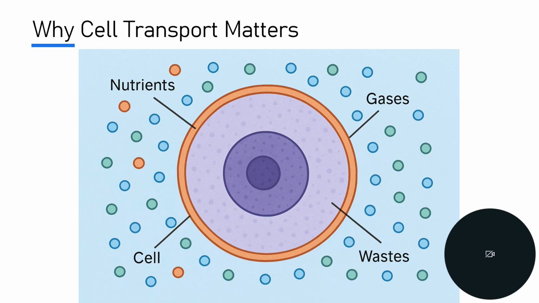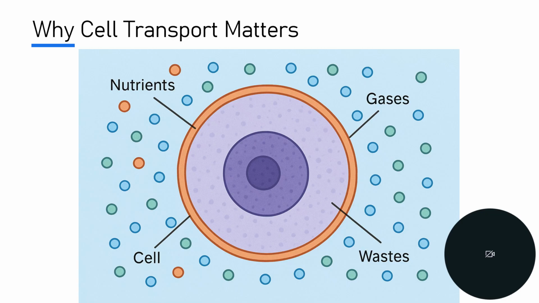In your own body, cell transport is muscle contractions, nerve signaling, nutrient absorption in your digestive system. If anything goes wrong with the diffusion processes here, the effects can be serious, like dehydration, swelling, or even some diseases that happen when transport proteins stop working correctly.